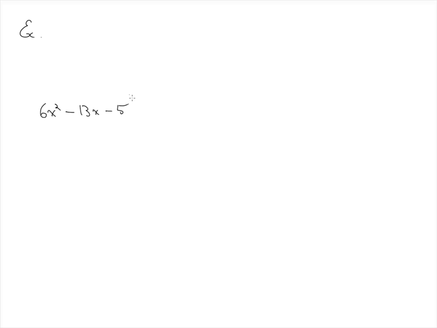And again we'll bring up our rectangle. So 6x squared, and minus 5, and now these two numbers in the blanks have to add up to minus 13.